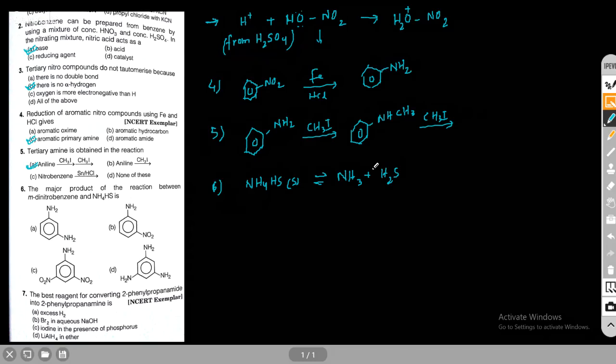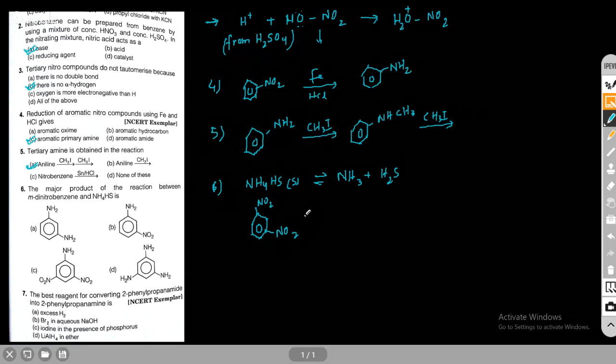So this is the reaction we have first. And now metadinitrobenzene is nothing but NO2 here and NO2 here.